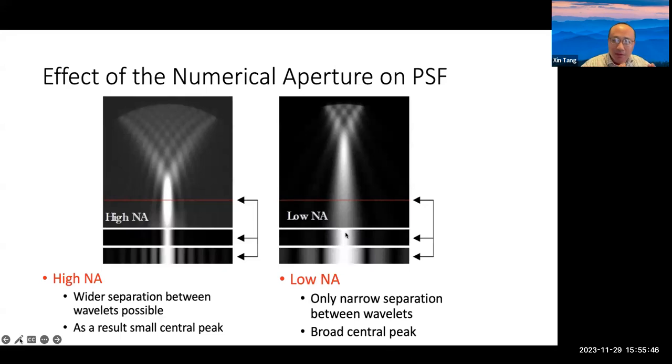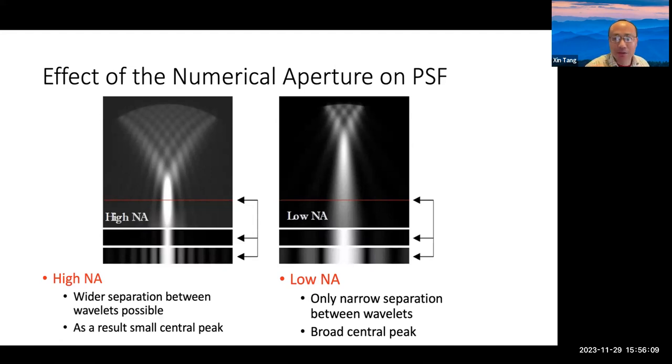Then these two will contact each other. They look like they are touching, but in reality they are separated. That means in the microscope I cannot tell these two points apart by eye. I will think they are the same point. That's not good, right? We want to see the details between these two things.